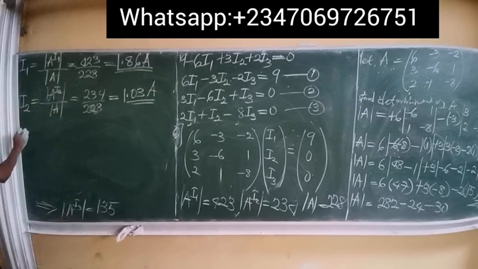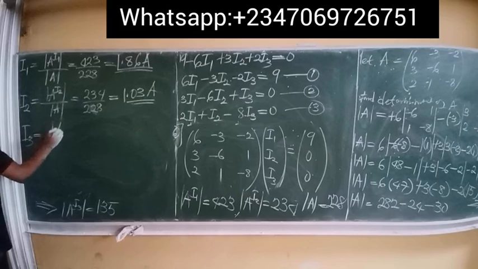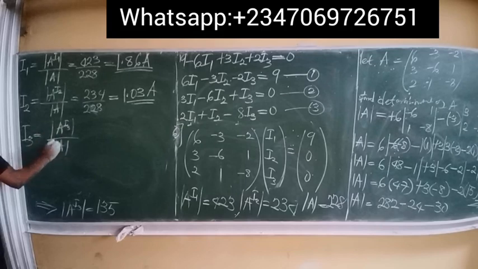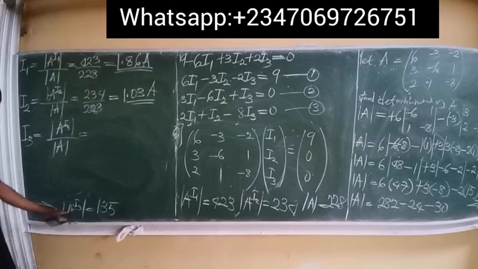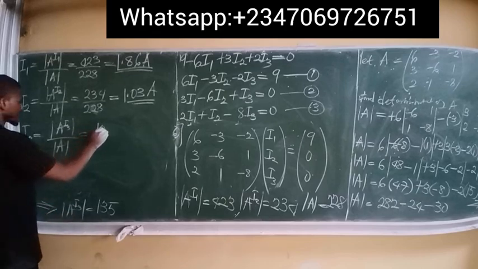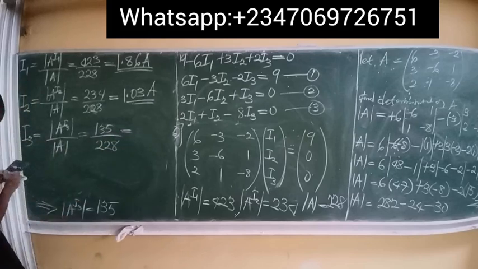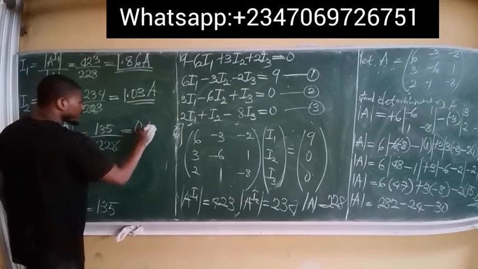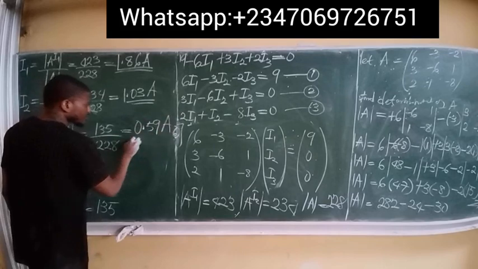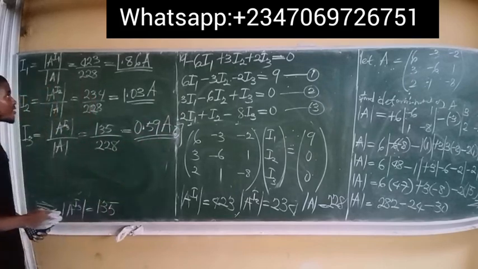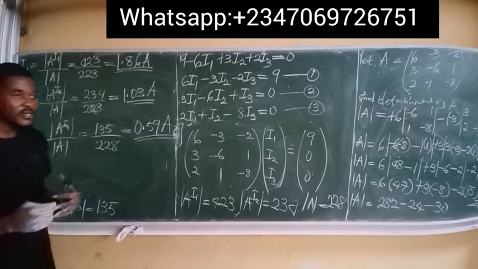And finally, current I3 is simply delta AI3 all over delta A, and the determinant of AI3 gave us 135. So you simply have 135 all over 228, which gives us 0.59 amps. So these are the values of the three currents in that circuit.